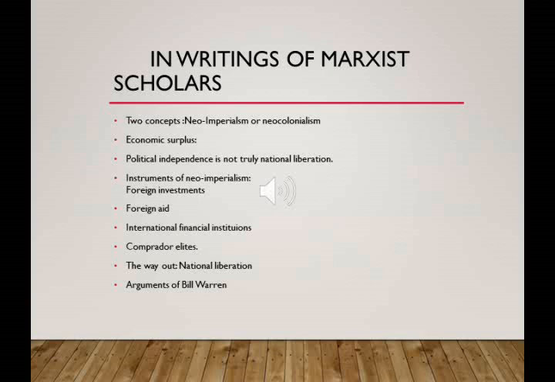They are the Marxist scholars, particularly in Western countries and in countries of the South. So they picked two concepts which came out of the analysis of Lenin in particular, and also of the writings of Karl Marx. Lenin talked about imperialism, and he suggested that imperialism is the highest stage of capitalism.